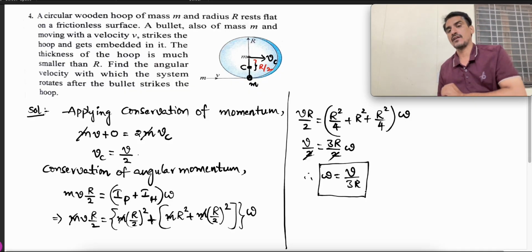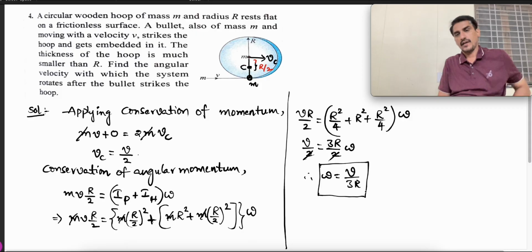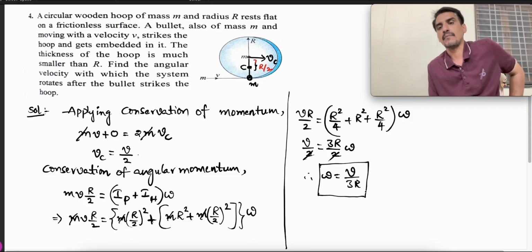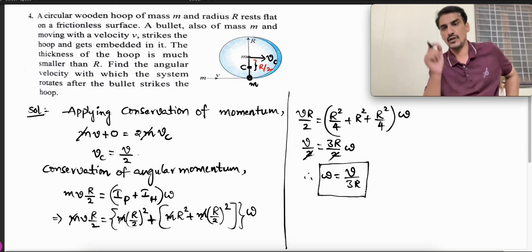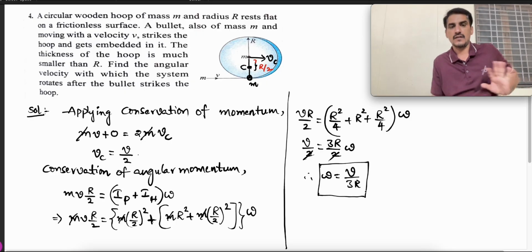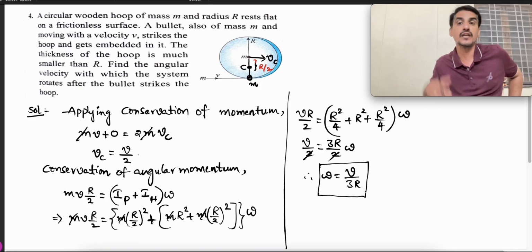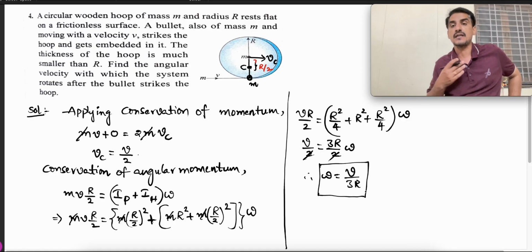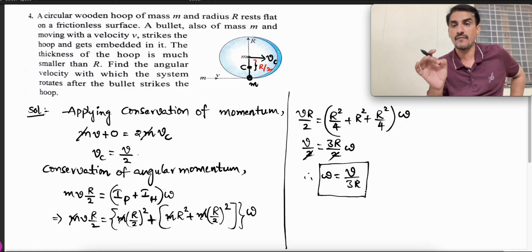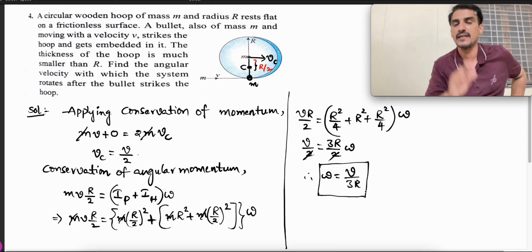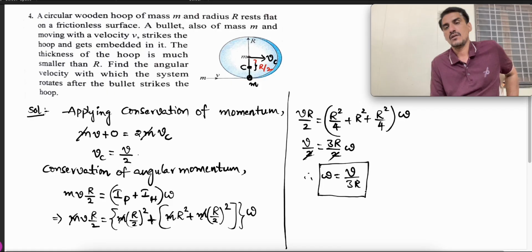This is angular velocity, okay, after being collided by particle of mass m, means bullet of mass m. So first what we have done, first we have applied law of conservation of linear momentum. While we are applying law of conservation of angular momentum, we need to take care. We need to consider only center of mass of that entire system. Why? Because bullet is being embedded in it. Okay.